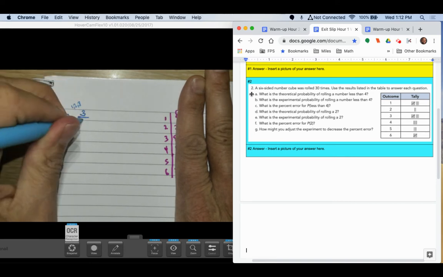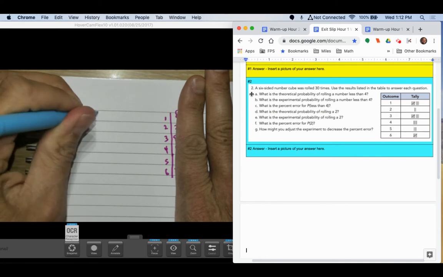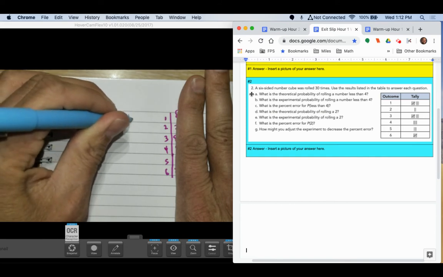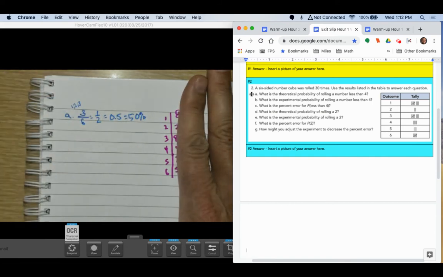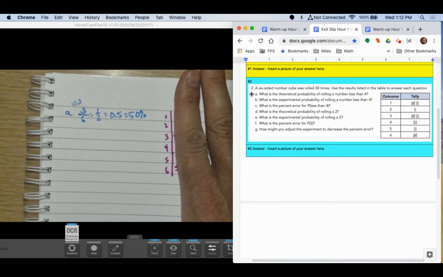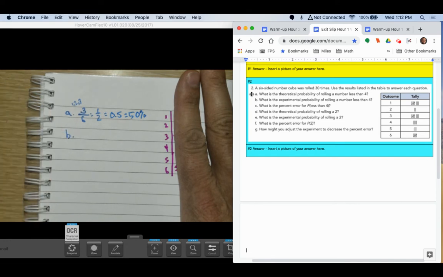And then there are 6 total outcomes. All right, and I'm fine with that. I could rewrite it in lowest terms, as a decimal, or as a percent. For most of these probabilities, though, we're doing fractions.